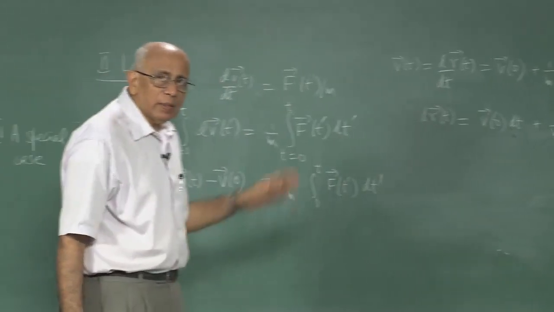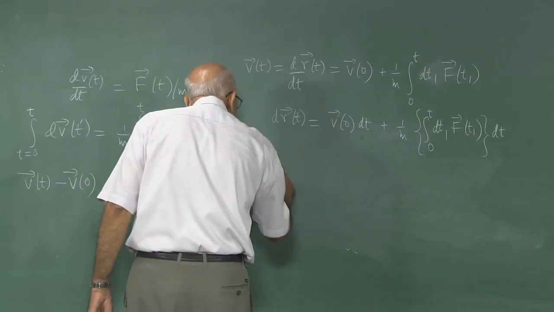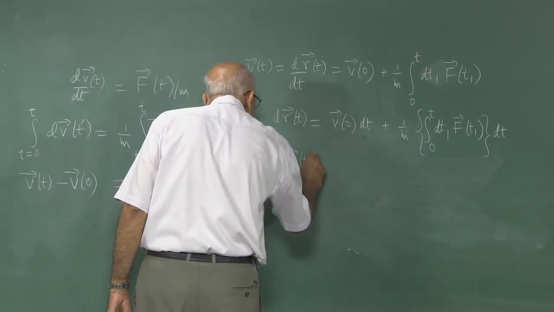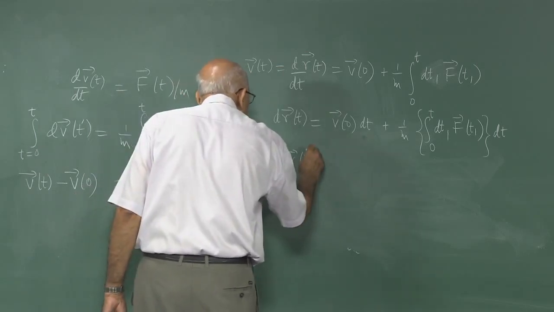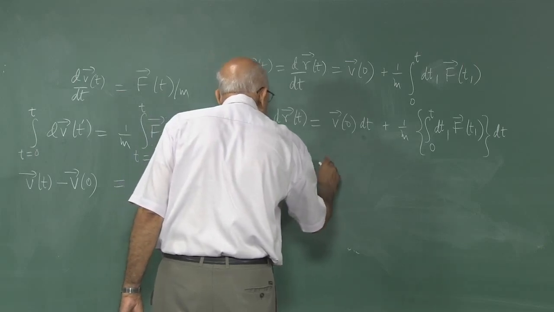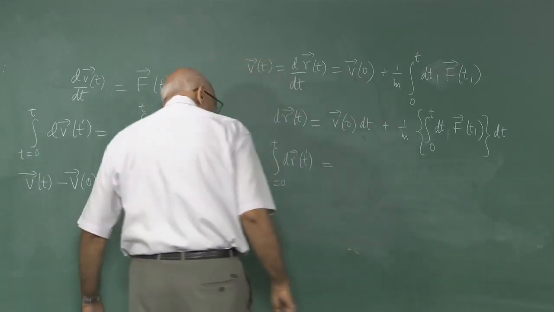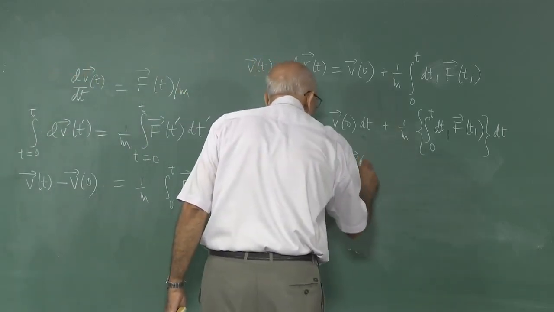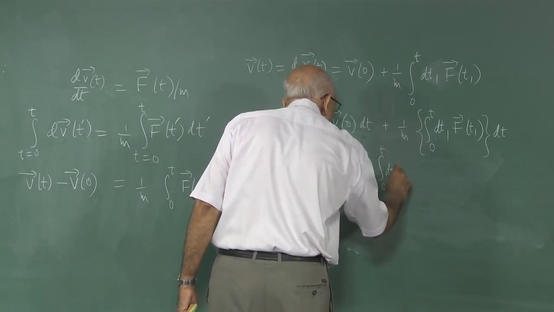So that is the formal expression for dr of t, and if I integrate it once again, from t equal to 0 up to t, dr of t prime is equal to, on the right hand side, v of 0, that is a constant vector, times the integral from 0 to t of dt prime.